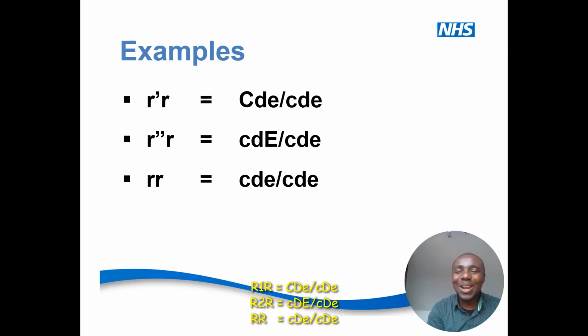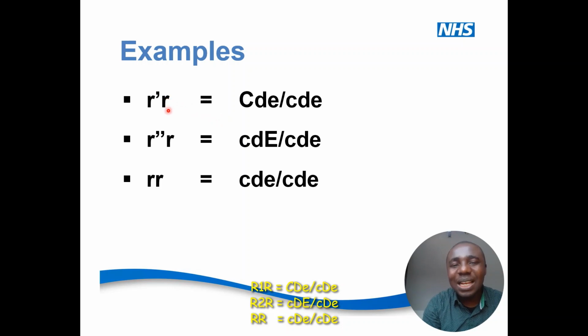Now let us look at another example. It's getting a little bit interesting now. So you have little r1, little r. I didn't put 1 or 2 there. Now I say little r1, little r. So little r again is small d. Don't forget, 1 is big C. There is no 2 there, little e.